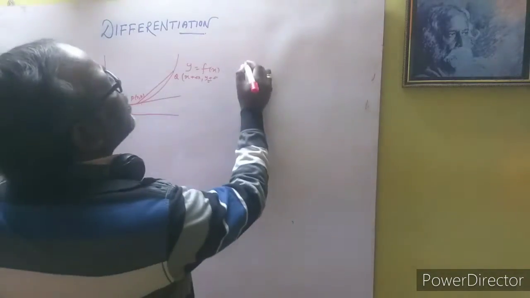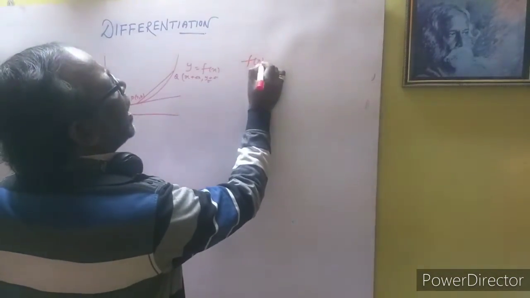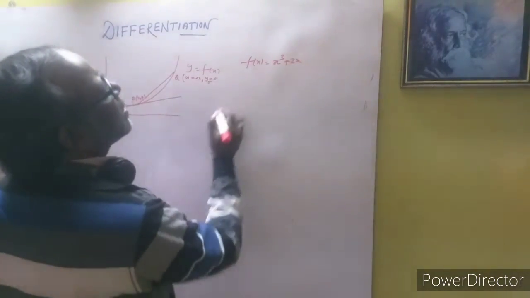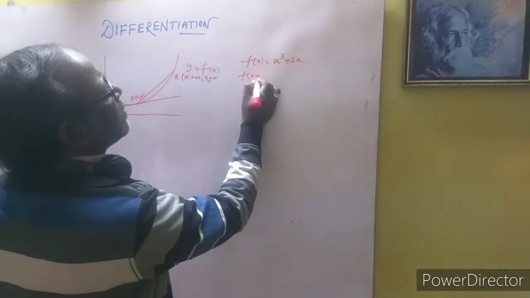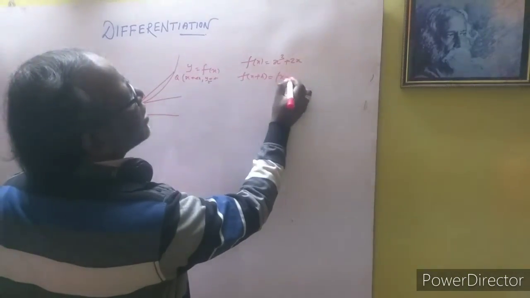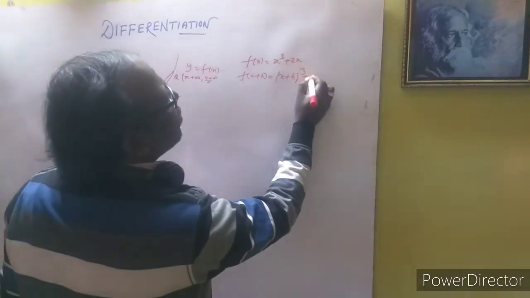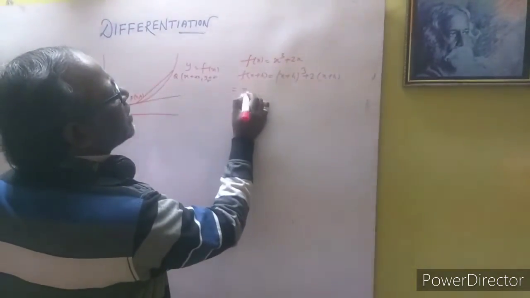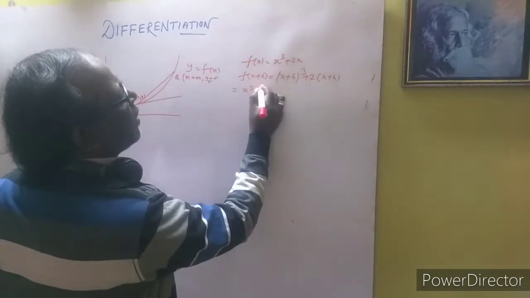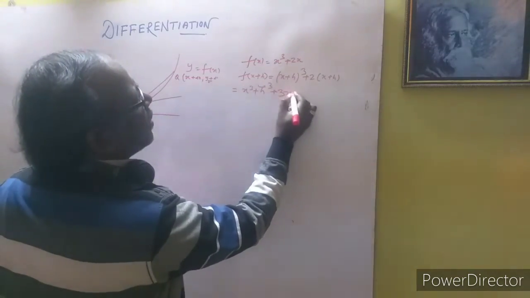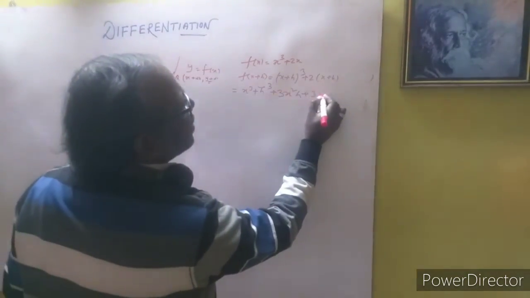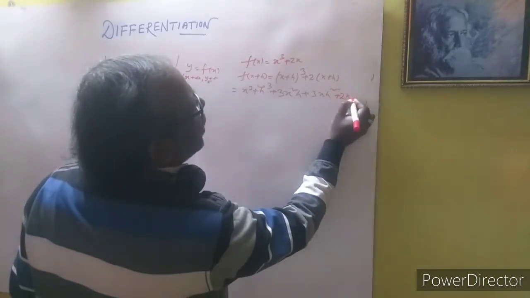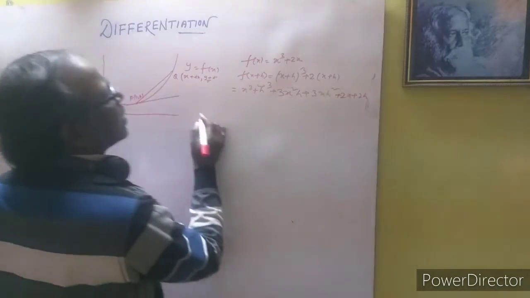Now again you have a function given like f of x is equal to x cube plus 2x. So x plus h here, that is x plus h whole cube, 2 into x plus h, and expand this as x cube, h cube, 3x square h, 3x h square, 2x, 2h.